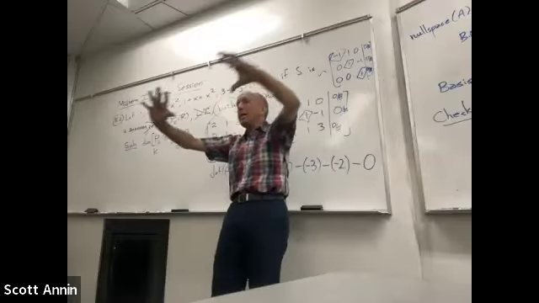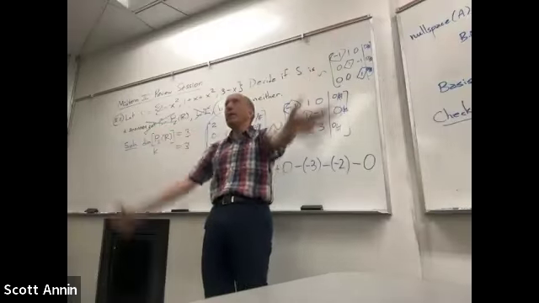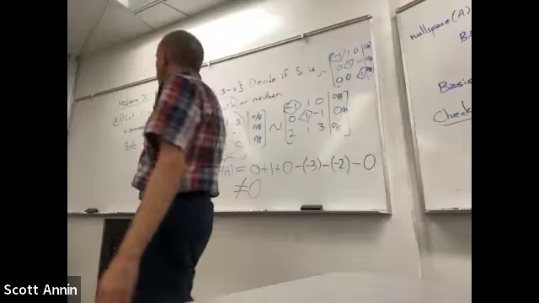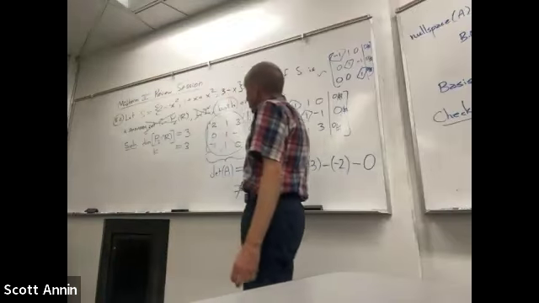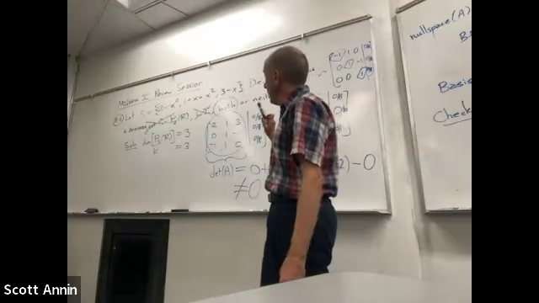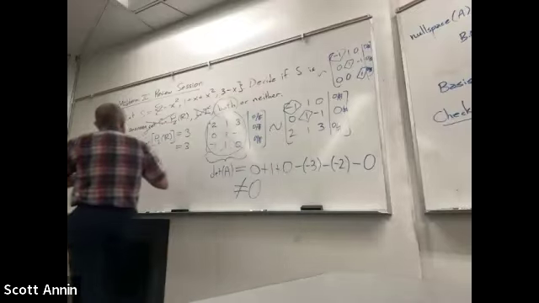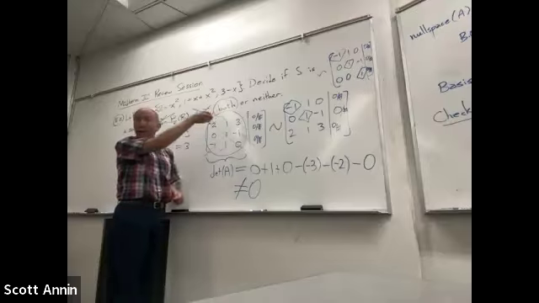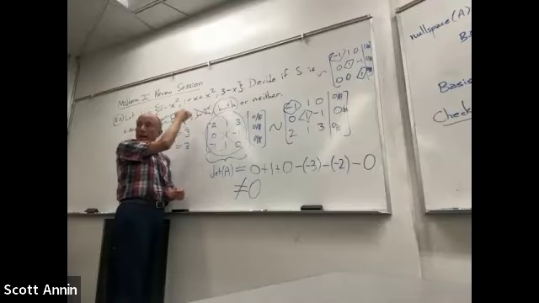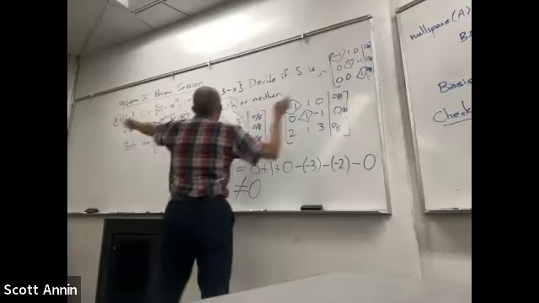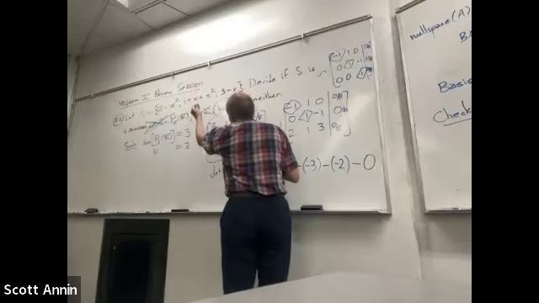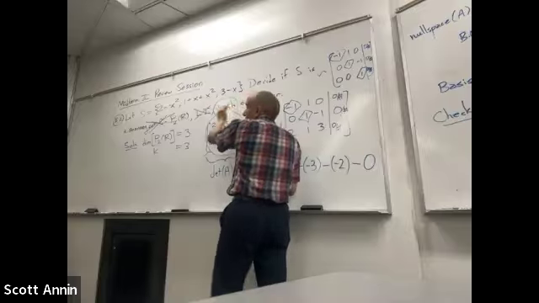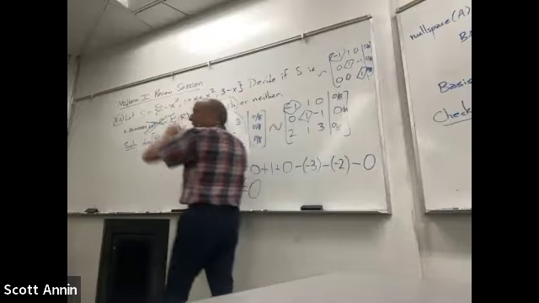And if it's wide and spread out, it has no chance of being Li. So if it was tall and skinny, you'd cross off this one and both, and then you would still have to test for Li. And if it was wide and spread out, you would cross off Li and both, and you'd still have to test whether it was a spanning set or not.